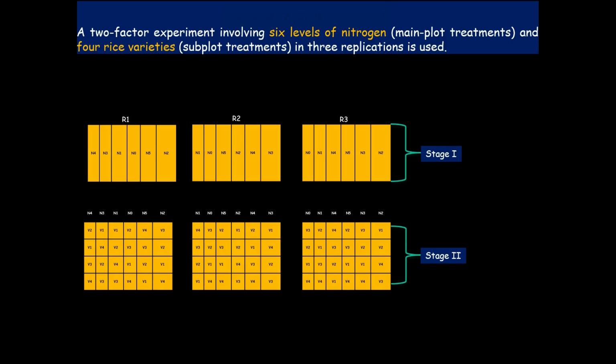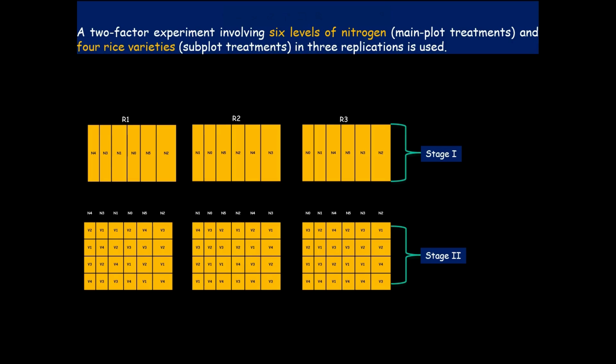Each main plot treatment is tested r times, for example N4 here in replications 1, 2 and 3, while the subplot treatment is tested a multiplied by r times, where a is the number of levels of the main plot factor, 6, and r is the number of replications, the blocks. We can say 6 multiplied by 3 is 18.